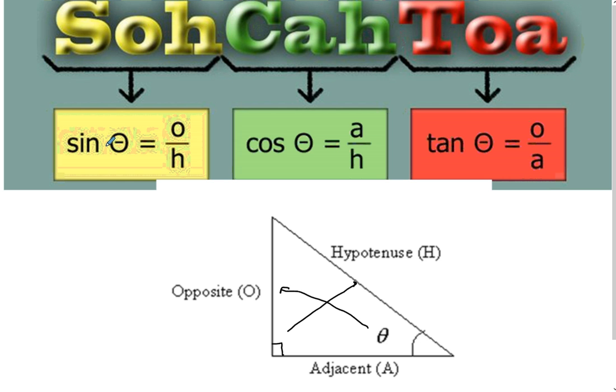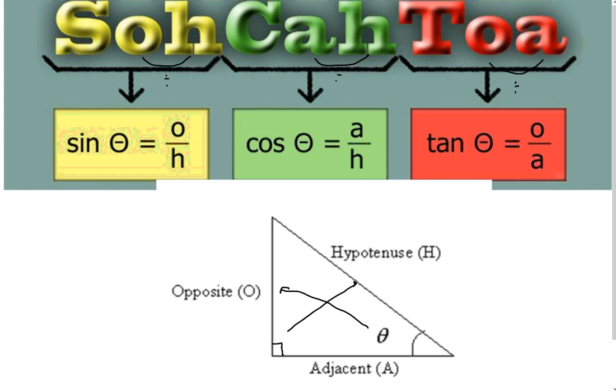So the sine of the angle is the opposite divided by your hypotenuse. So it's always that divided by that. The cos of an angle is the adjacent divided by the hypotenuse. The tan of an angle is the opposite divided by the adjacent. Okay, cool.